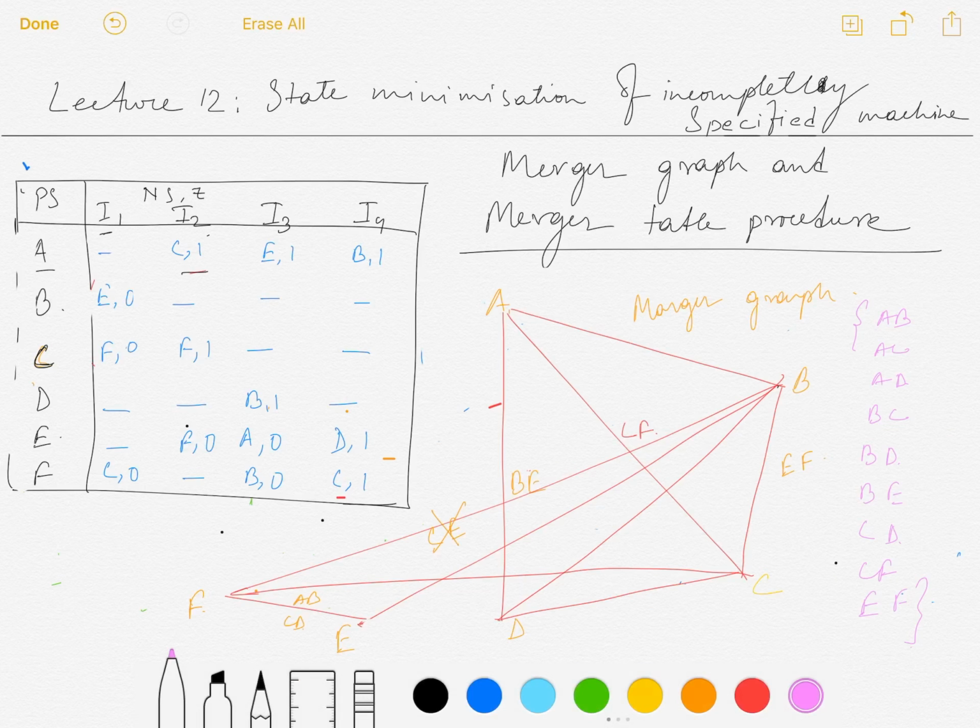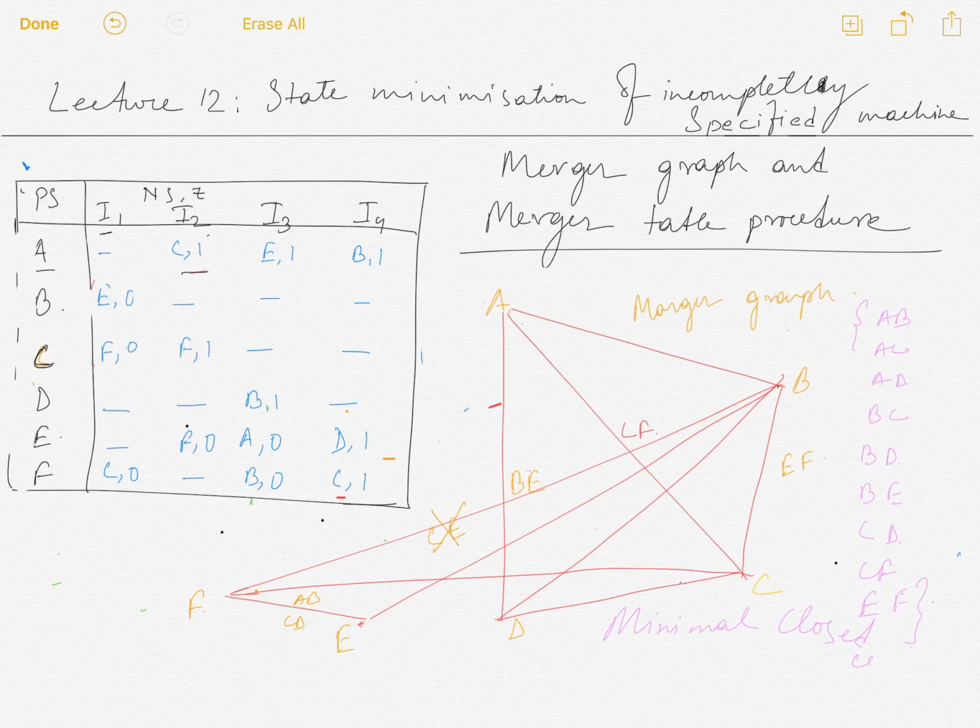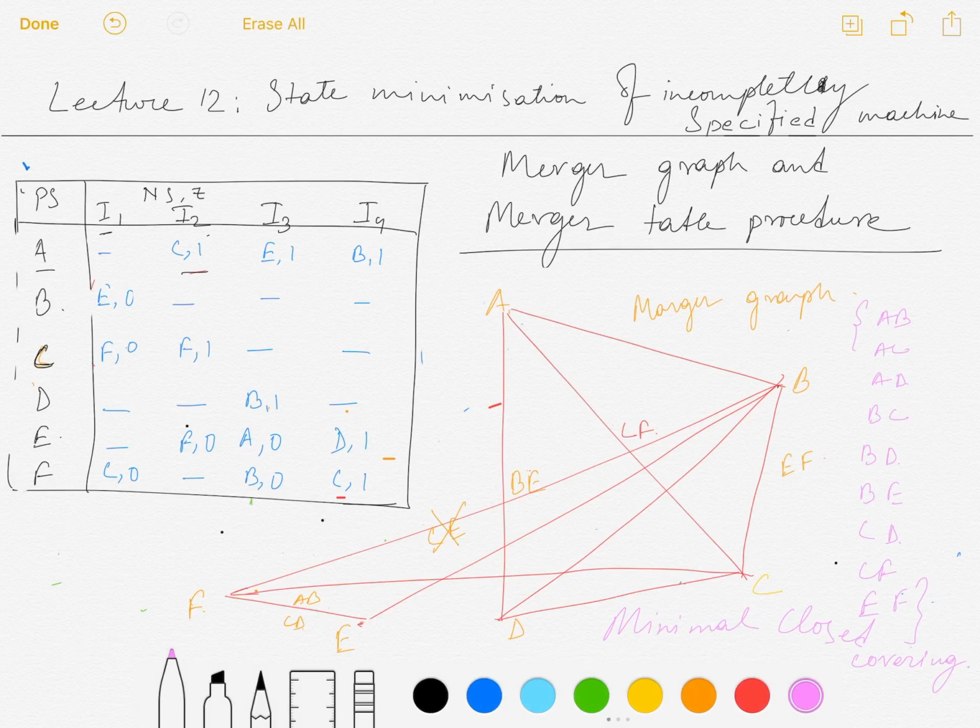Now, out of these pairs we have to find those which maintain the property of minimal closed covering. Minimal closed covering means that out of this set we have to find a subset that satisfies the properties of minimal closed covering. We will tell you later what minimal closed covering means.